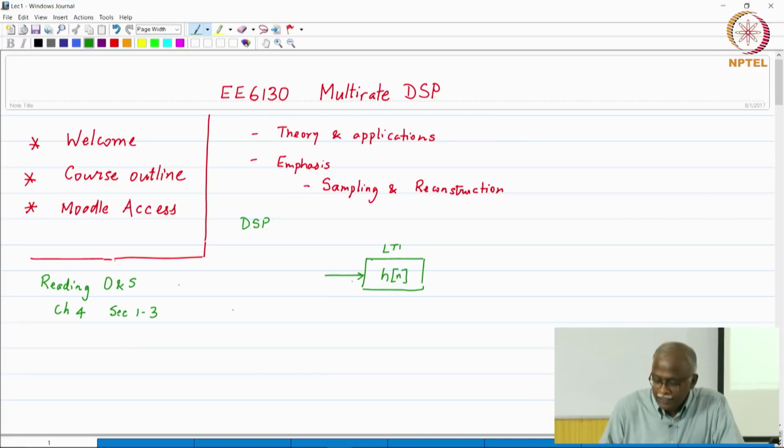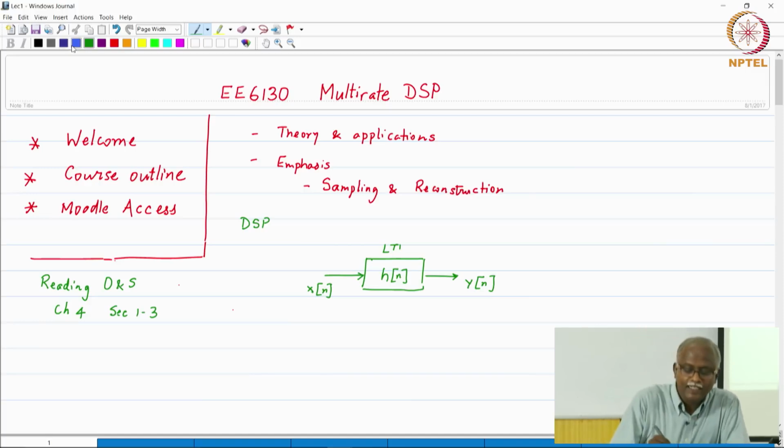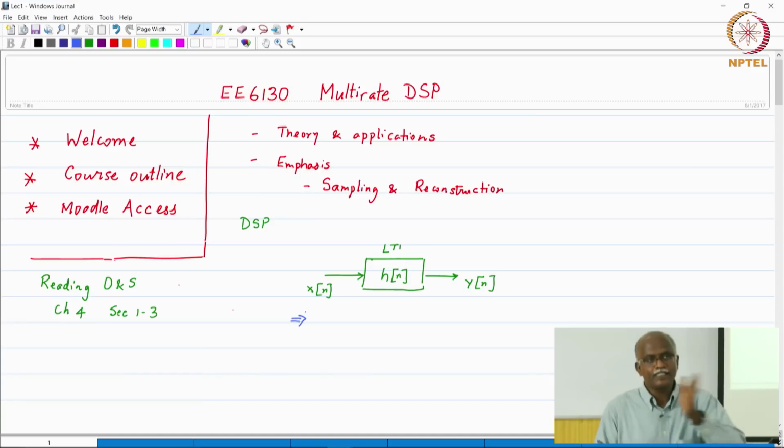You have a discrete time input x[n] which gets processed by the LTI system, and you get a discrete time output y[n]. Notice that the time index n is the same for input and output, which means that there is a constant underlying sampling rate assumed for the representation of the input signal, the impulse response, and the output.